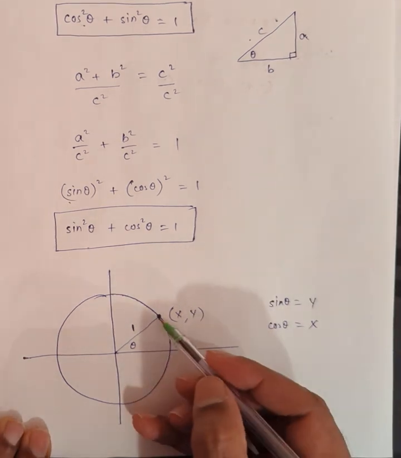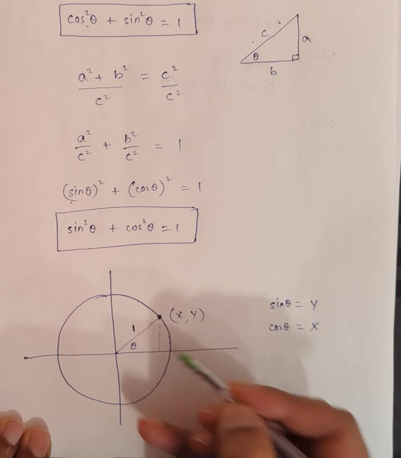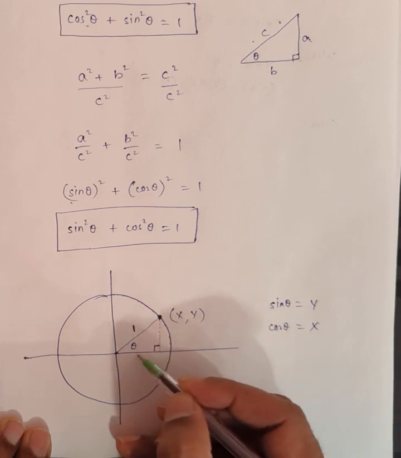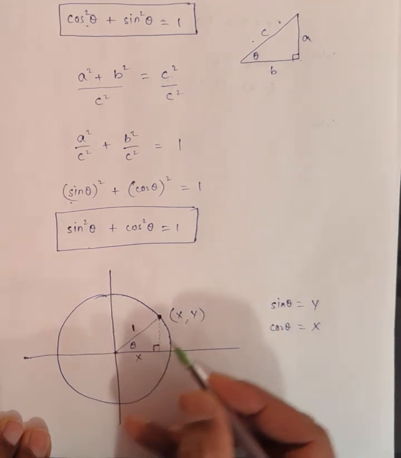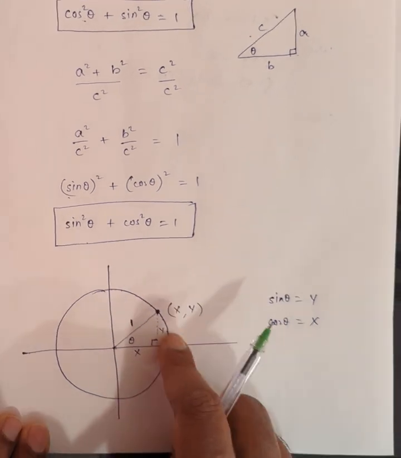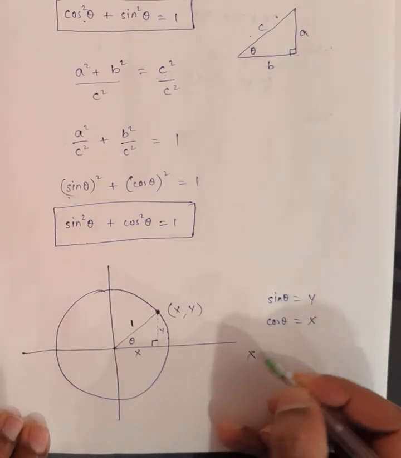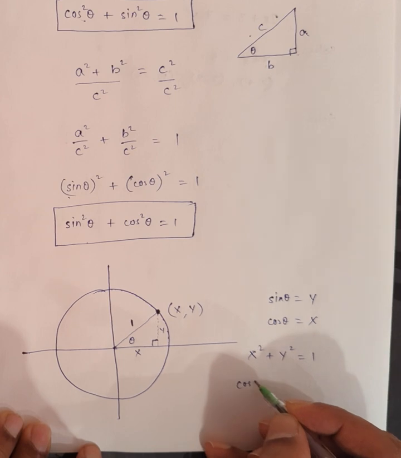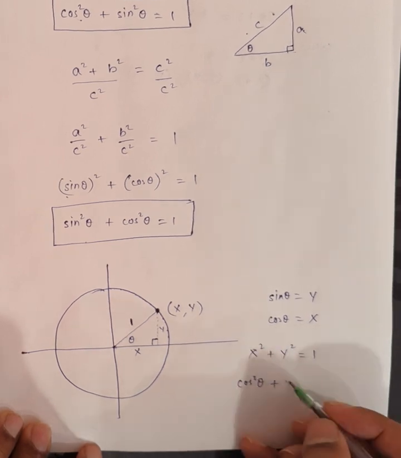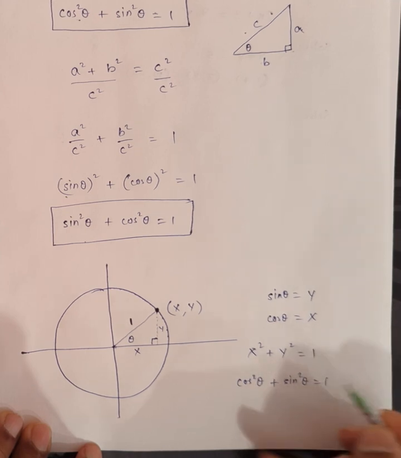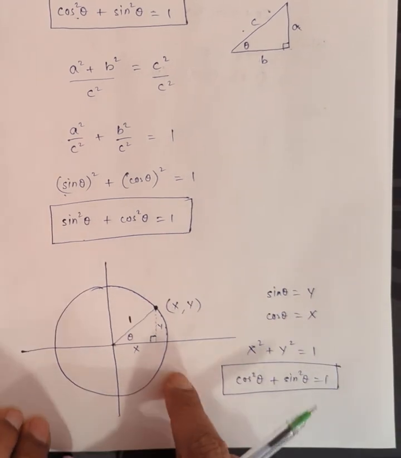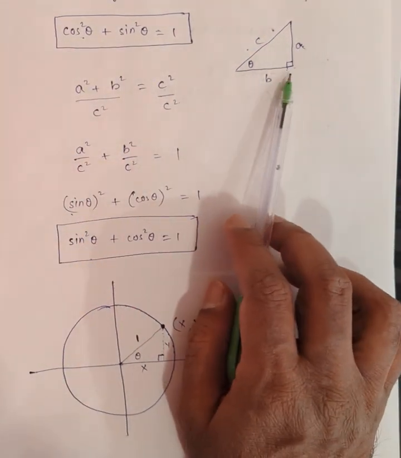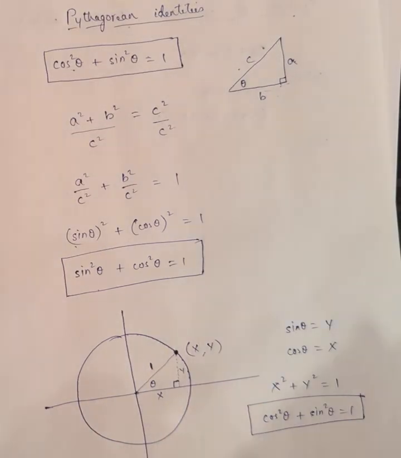So if I drop a perpendicular from that point onto the x-axis, then this distance is x and this distance is y. And I can use the Pythagorean theorem to get this equation, x square plus y square equals 1, or x square is simply cos square theta and y square is sine square theta, equals 1. So you can prove this identity either by using the SOHCAHTOA right triangle or using the unit circle.